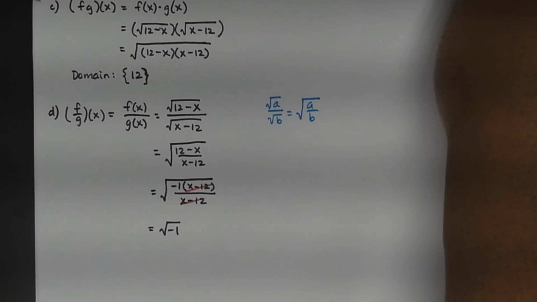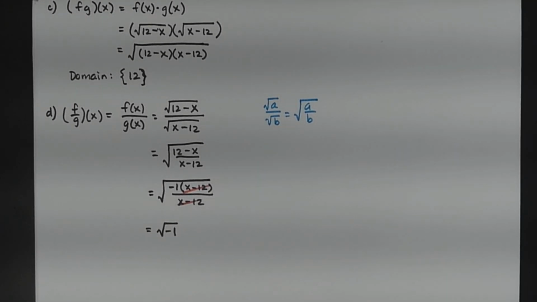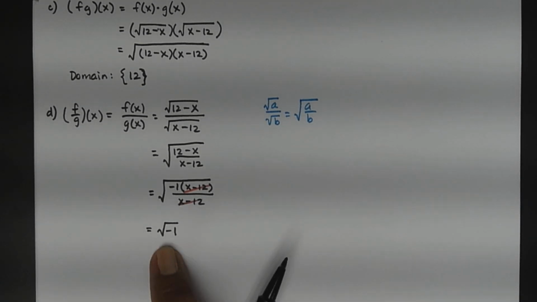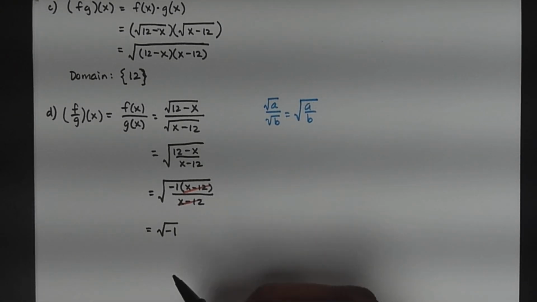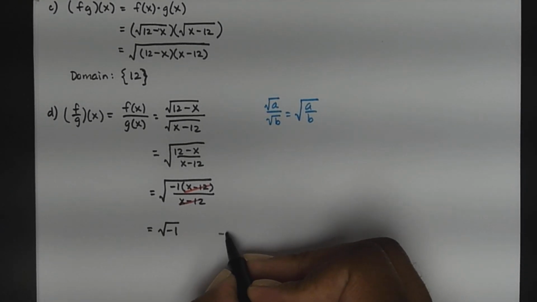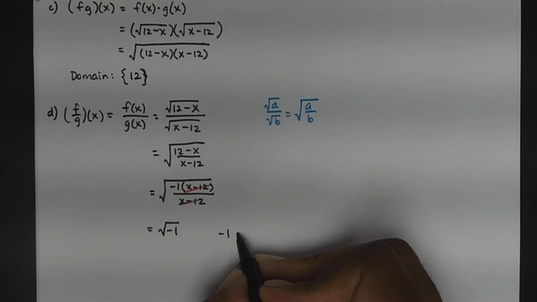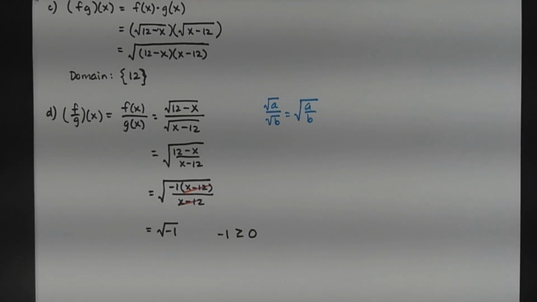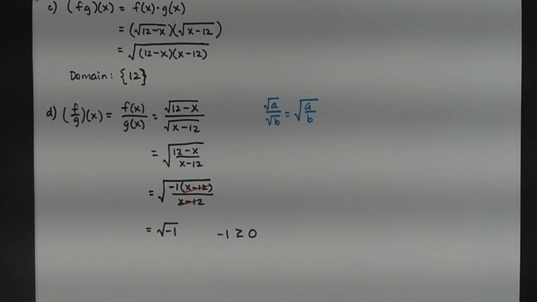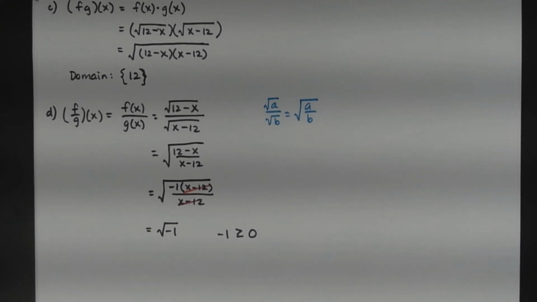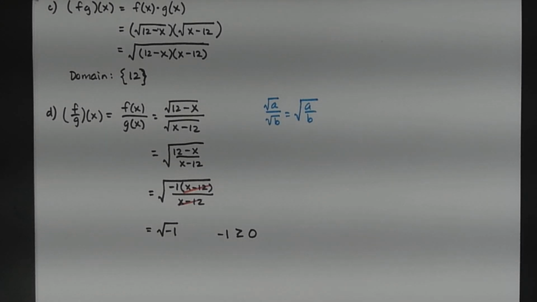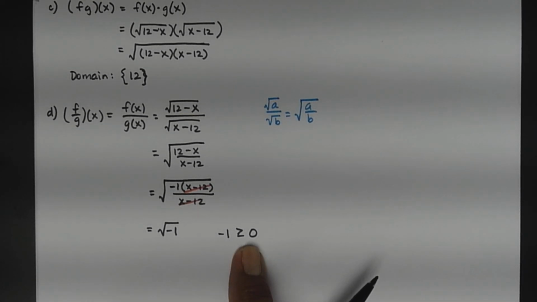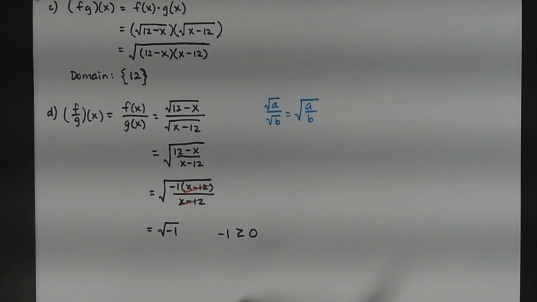And then next, since I want to find out what the domain is, I have a radical, a square root. That means I'll take what's underneath that square root, the negative 1, and set it to be greater than or equal to 0. Anytime you have a radical expression and you're trying to find the domain, you want to take what's underneath it and set it to be greater than or equal to 0. So here I got negative 1 is greater than or equal to 0. Is negative 1 greater than or equal to 0?